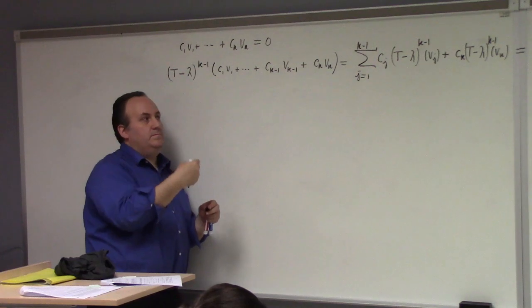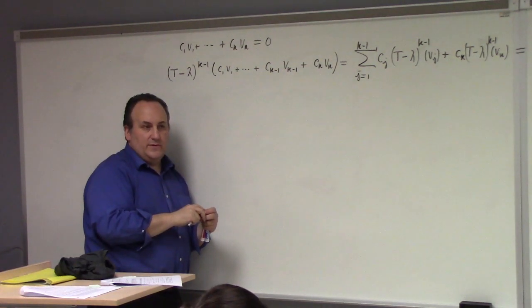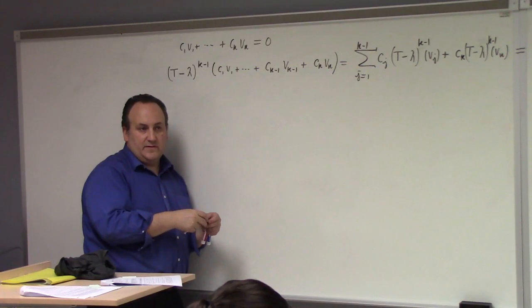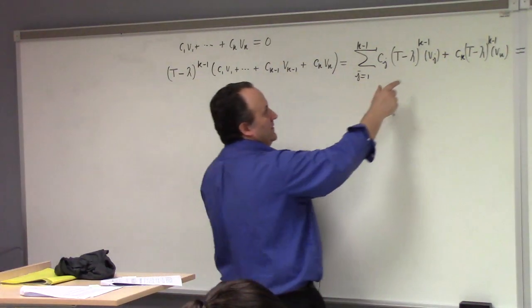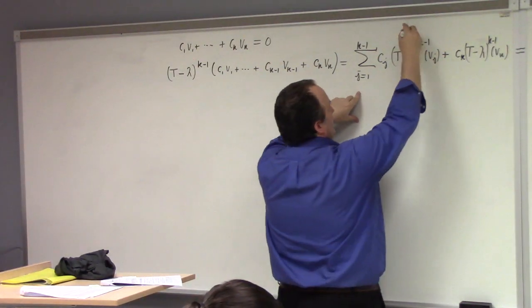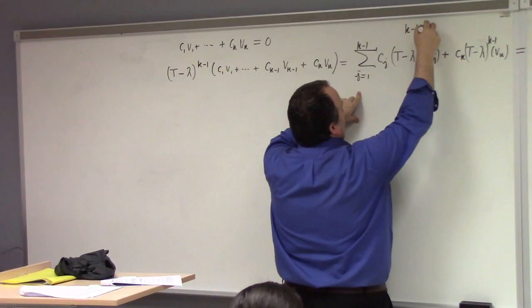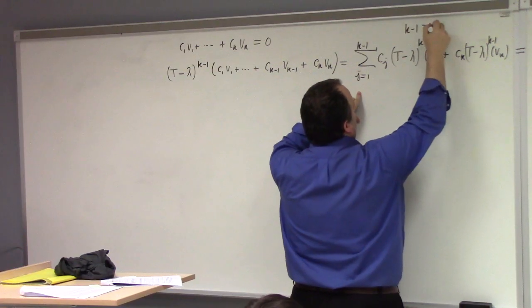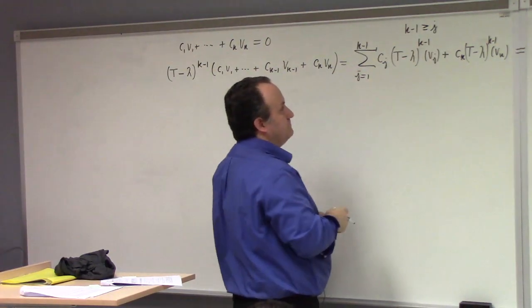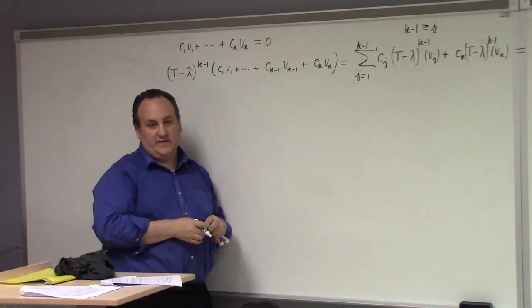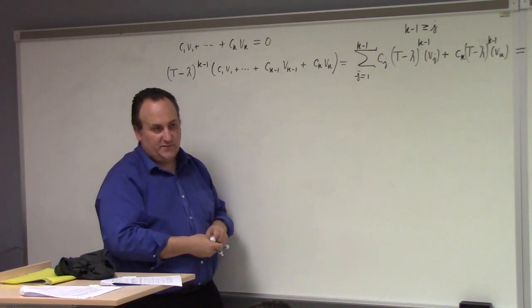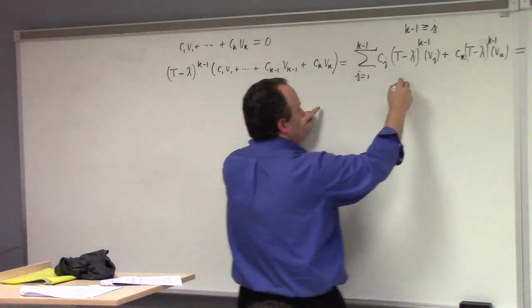Think about that. The powers there are always larger than the power which makes the vector go to 0, right? Like k minus 1 is greater than or equal to j in that sum, for every j in the sum. And therefore, by the thing we already almost proved for part 1, these are all 0.